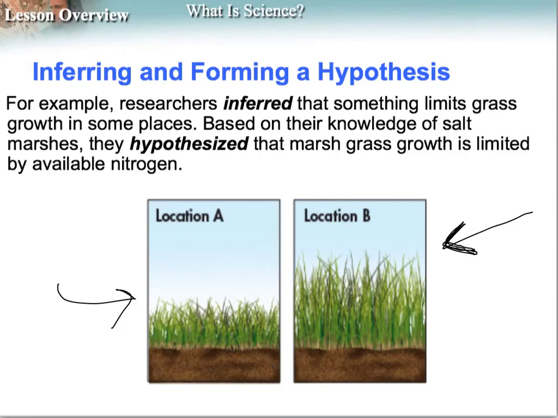So based on the knowledge of salt marshes, the scientists hypothesized that marsh grass growth is limited by available nitrogen, because scientists know that nitrogen, which is an element in the soil, helps plants grow. The plants need that nitrogen to grow taller. So that would be something that was inferred by the scientists, so they can now make their hypothesis that maybe location A does not have as much nitrogen in the soil as location B, which is why the grass is growing much taller in location B.